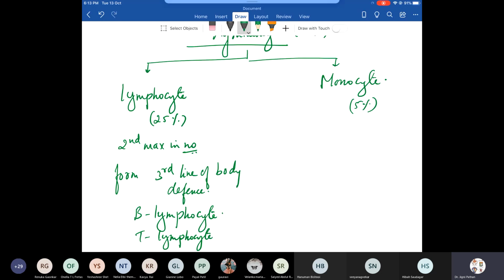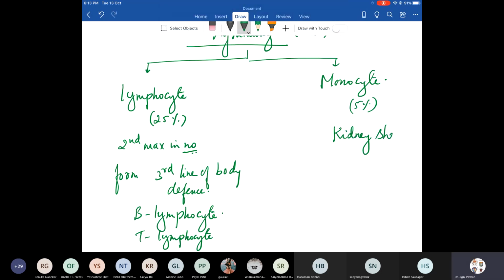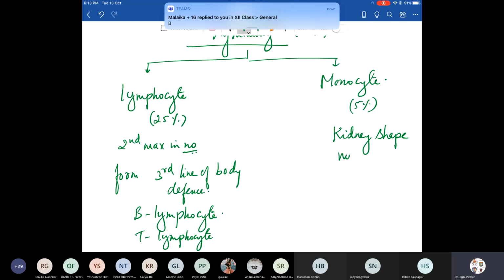Which among these produces antibodies? B lymphocytes. Very good. What is the function of T lymphocytes? They attack directly and kill cells, right?